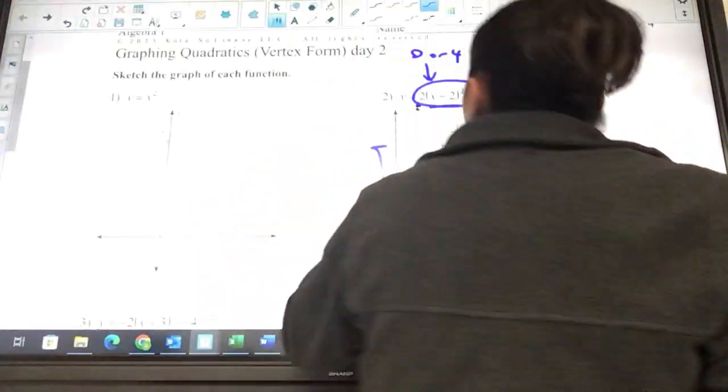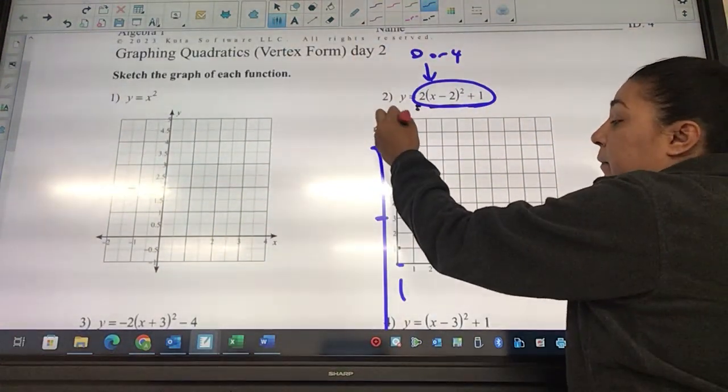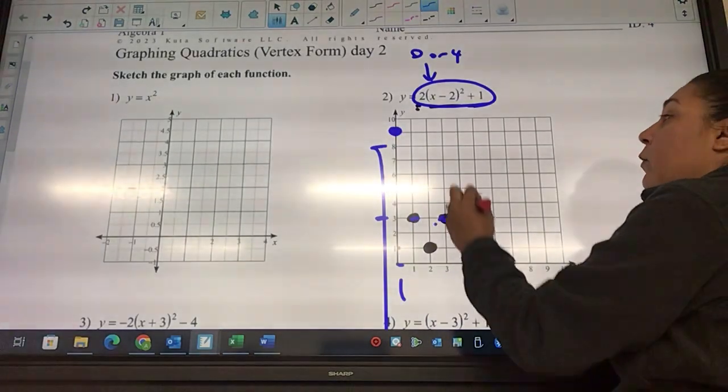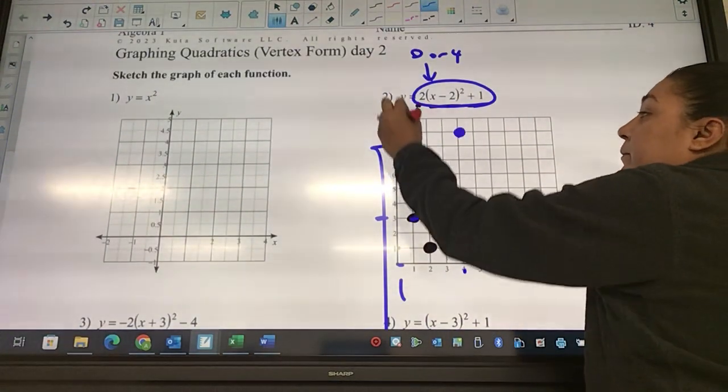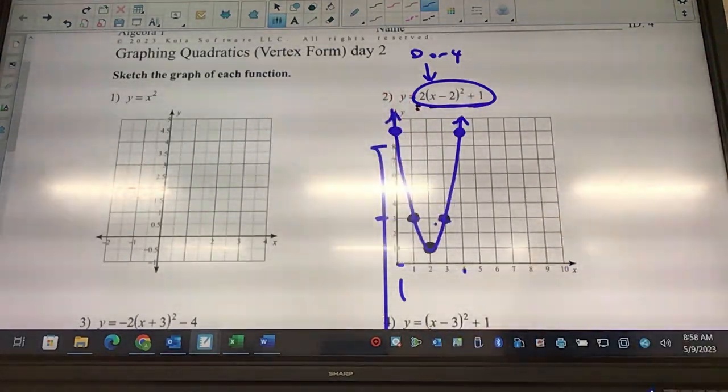Okay, so 9, we're going to go from this point, and you're going to go over 1 and go up to 9. You're going to go from this point, over 1 and up to 9. How does that graph look different than number 4? It should most definitely look different.